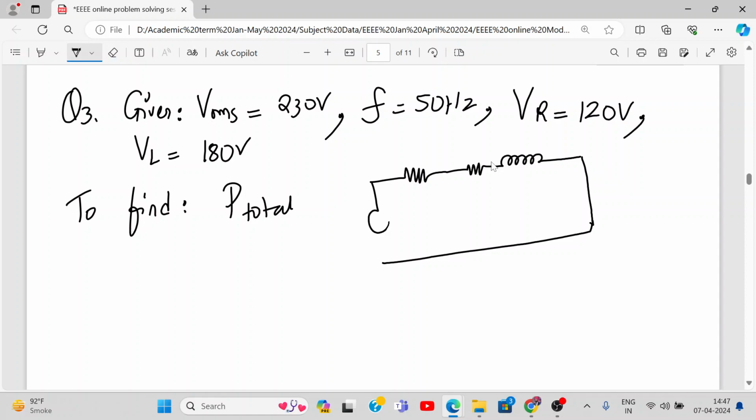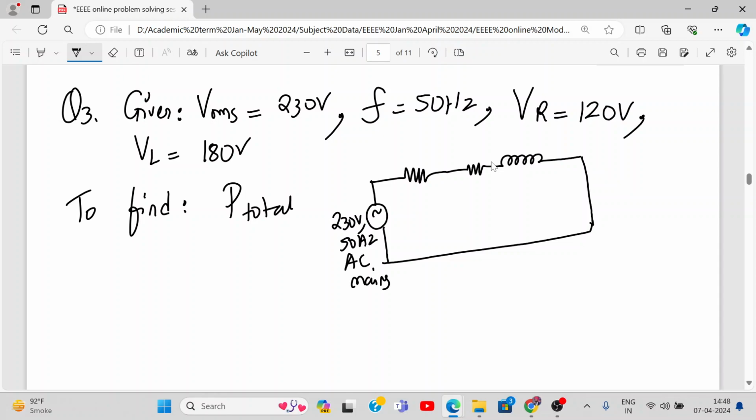We can add a current meter over here. Let's say this is 230 volts, 50 hertz.